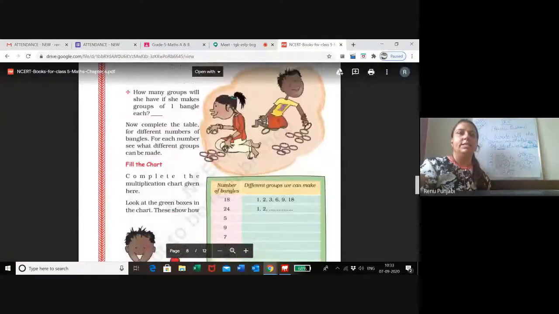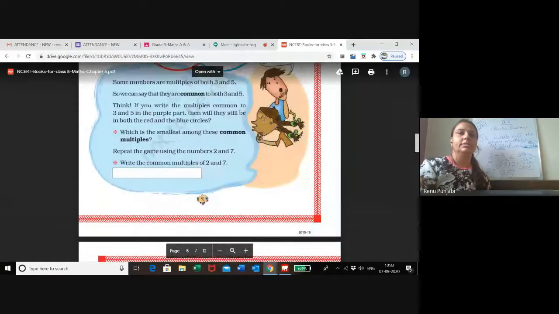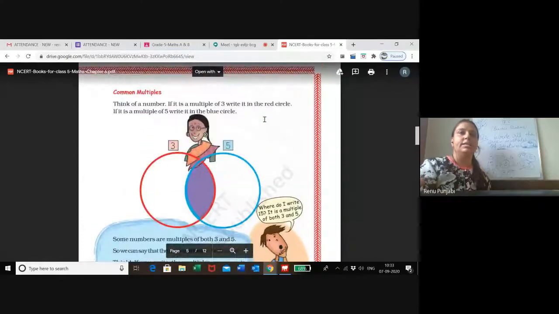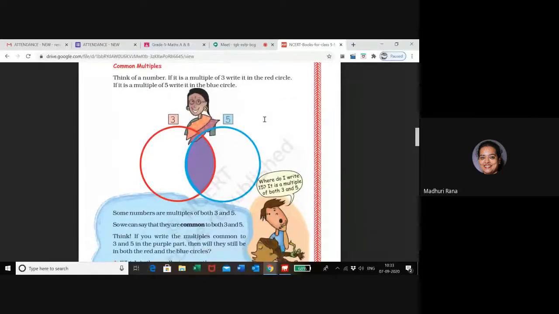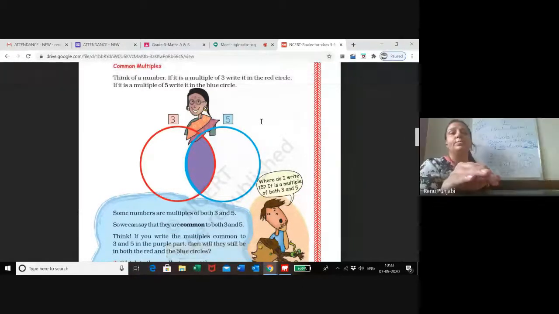My screen is visible to everyone. This is page number 91, the same page number as in your books. Children, please check your textbook. Those who have the textbook, please pin my board screen because I'm going to explain this on the board.